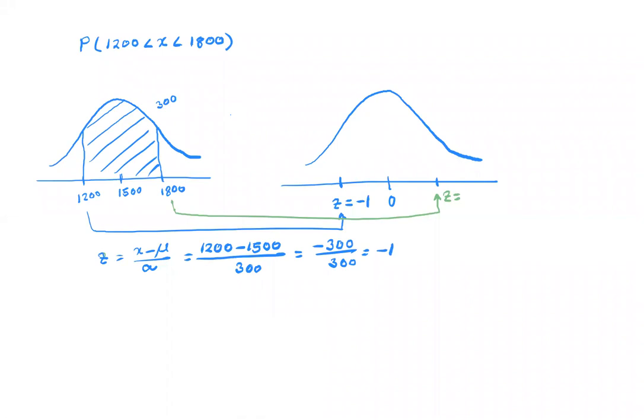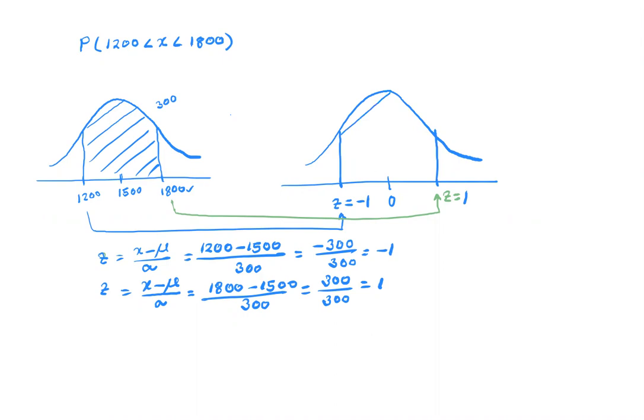Now, the other Z value, Z is equal to X minus mu over sigma, which is 1800 this time, 1800 minus 1500 divided by 300 is 1. So Z goes between -1 and +1.